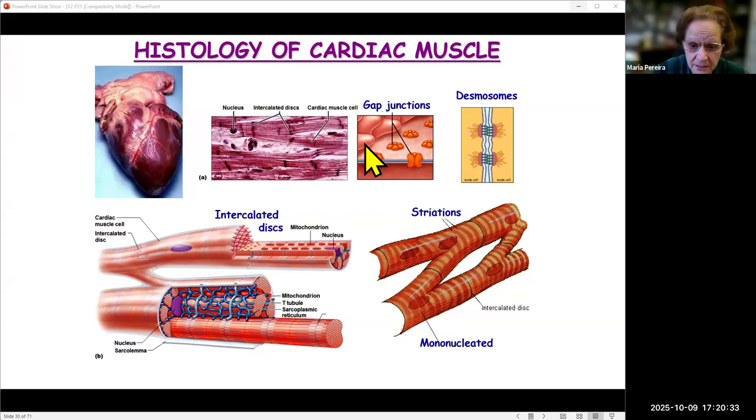So what happens is these gap junctions allow sodium ions and potassium ions to go through so that they allow the contraction of the cells at the same time in unison. They are channels that allow ions such as sodium and potassium to go through depending just on size and not on charge. Okay.